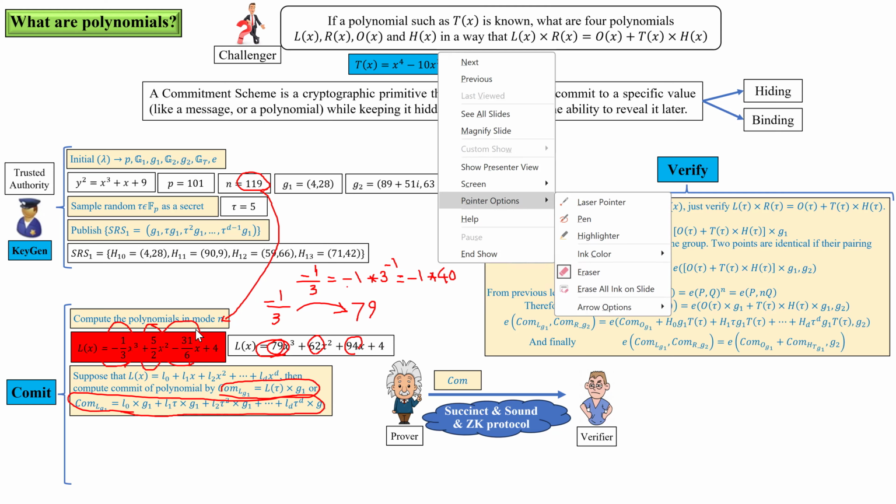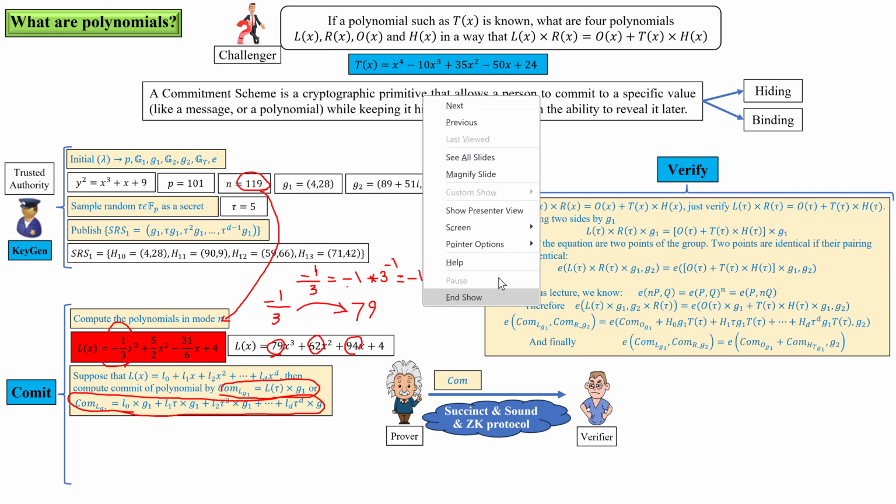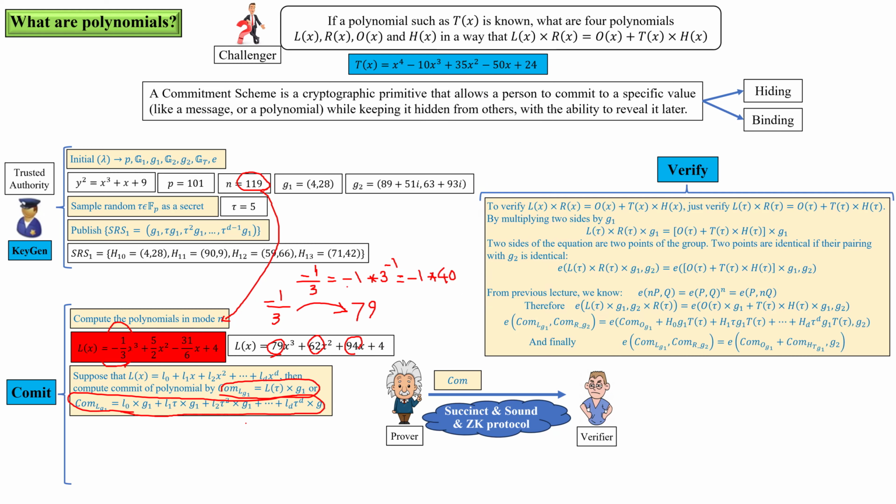Okay, so let me pick the pen. Now we want to see the first formula. For the first formula, the prover needs to compute L of tau.